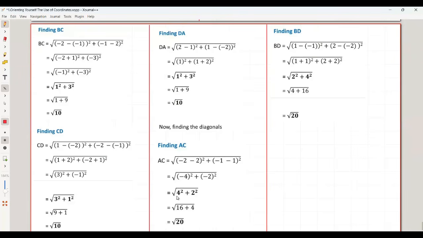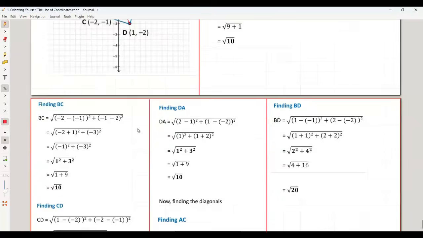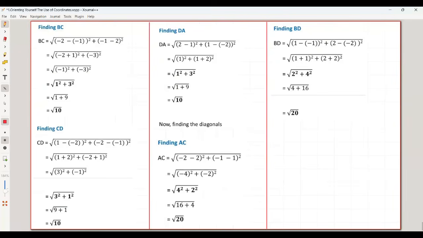Diagonal AC: use the coordinates and the distance formula, and we get root 20. BD, using the distance formula, root 20. Therefore AB = BC = CD = DA, so all sides are equal.